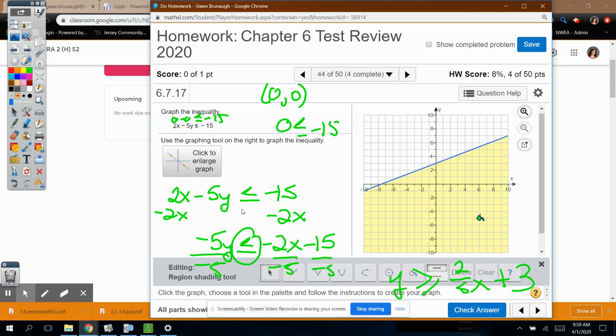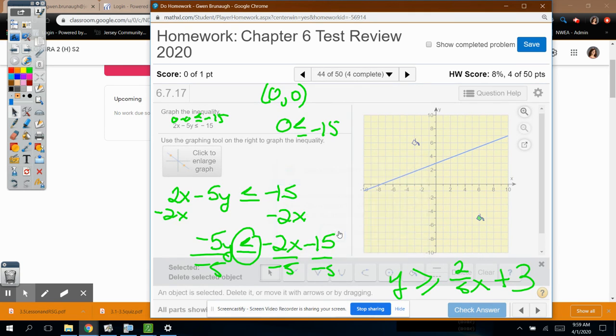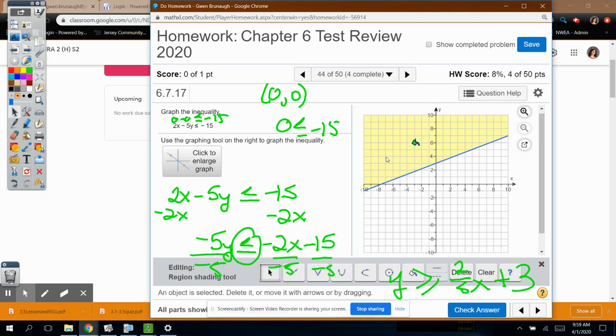I don't want to shade that. Sorry, I did the exact opposite. 0 is not less than or equal to negative 15. So I'd want to shade up here. How do I undo that? Did I click that? Delete it, maybe? Yeah. Okay. 0, 0 is not true, so I want to shade above, like right here. Greater, bigger, above. So that was my fault. Sorry, guys. I got excited when I was almost done.